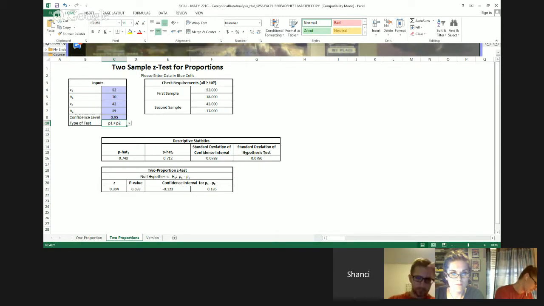So when we fail to reject, there's insufficient evidence that the true proportion of males who can taste PTC is different. So it's B, not C, because the word is different, not less. Okay, B?